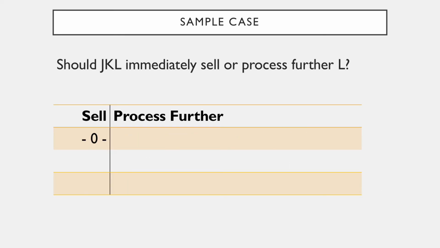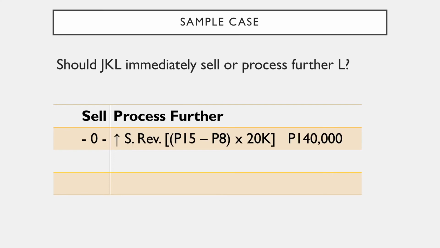Should JKL immediately sell or process further L? Again, if JKL will sell L immediately, no change in profit. Processing further will raise the price from 8 pesos to 15 pesos. Since there are 20,000 units of production, that would be a total increase of 140,000 pesos.